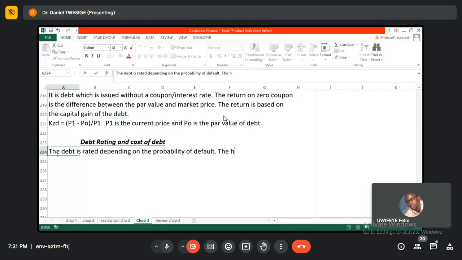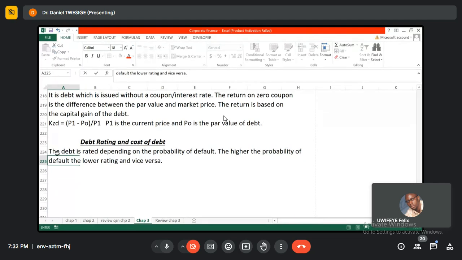The higher the probability of default, the lower the rating, and vice versa.